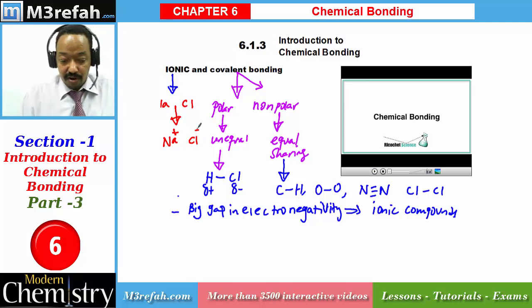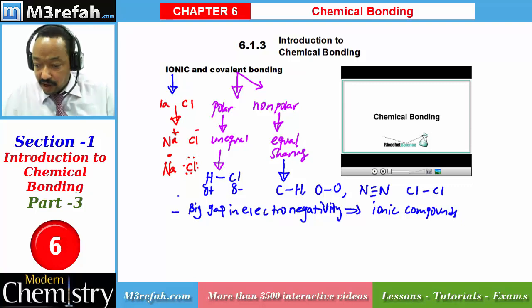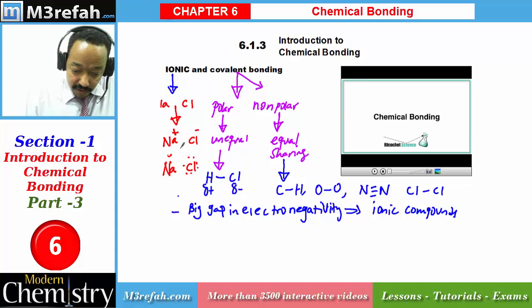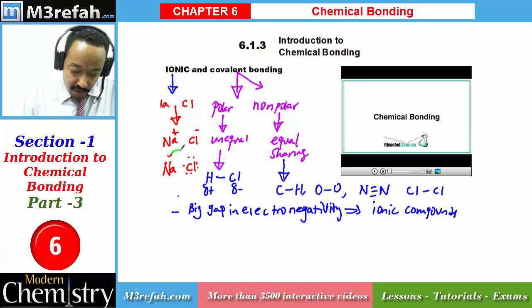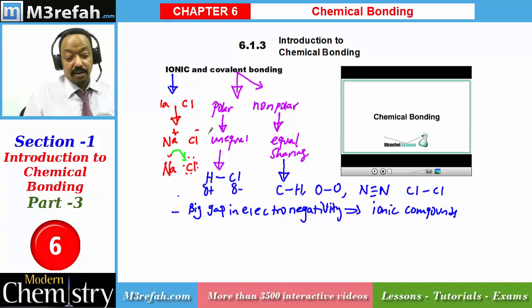Electron is transferred from the outermost shell of sodium, and there is chlorine. Chlorine has got 7 electrons in the outermost shell: 2, 4, 5, 6, 7. So the transfer of electron from sodium, don't forget this is transfer, to chlorine brings about sodium ion and chloride ion.